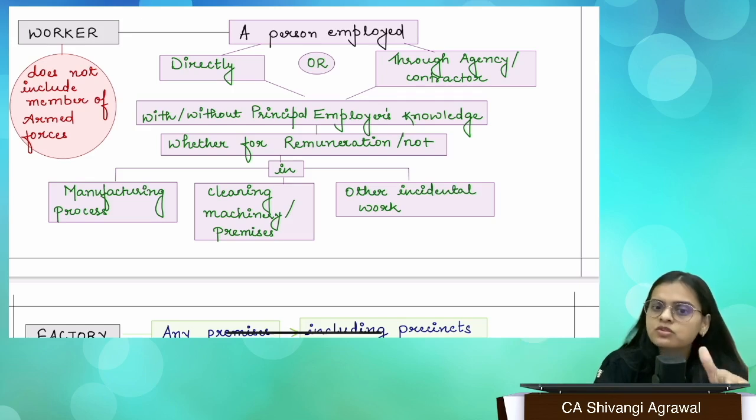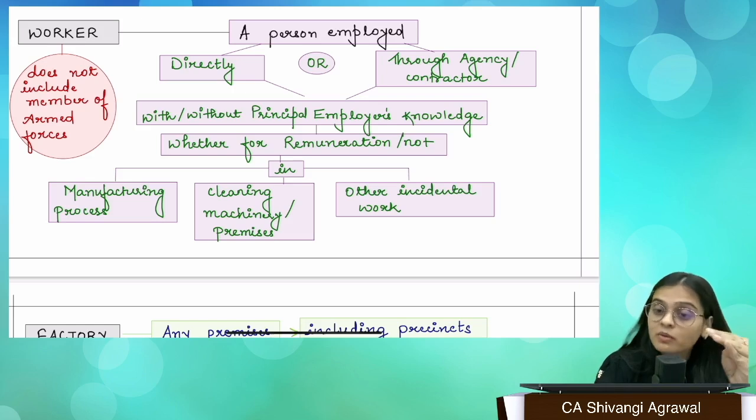That means there has to be a contract of employment between the two of you, right? Now this contract of employment could be direct, or through some agency or contractor. It doesn't matter. You should be employed in the manufacturing process, or some incidental work, or cleaning of machinery. That is the third aspect which you have to understand.